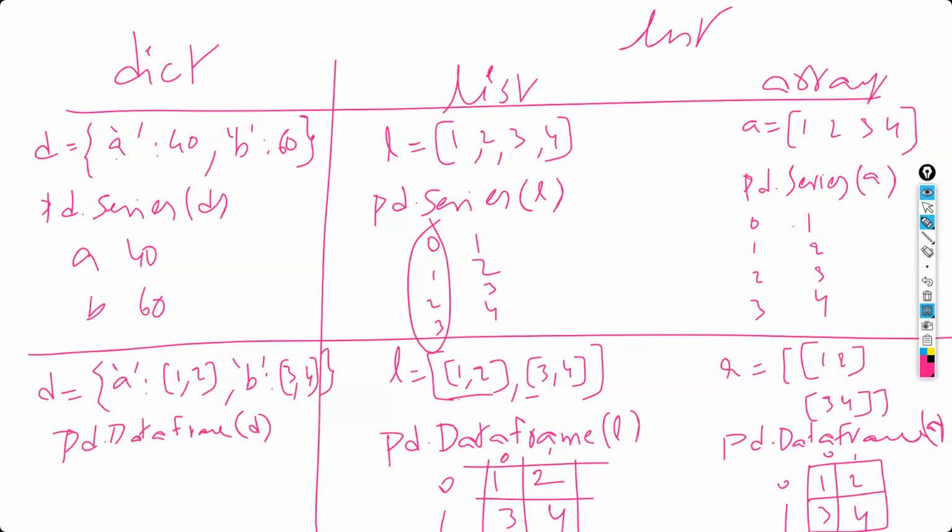If this is a series, it will simply take the first value followed by the second value, along with A and B like this. Values will be stored in a single column. Now, I don't want a single column. I want multiple columns. What is the difference between series and data frame? Series means single column, data frame means multiple columns. Data is stored in multiple columns in a data frame, and in a single column in a series.